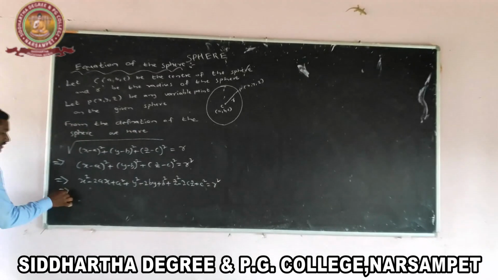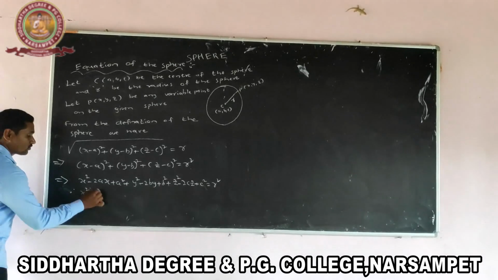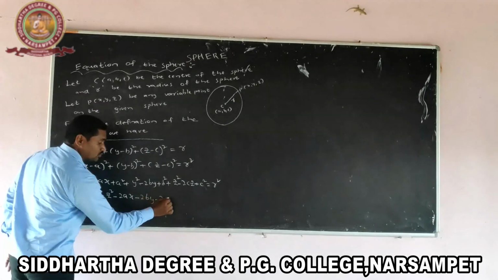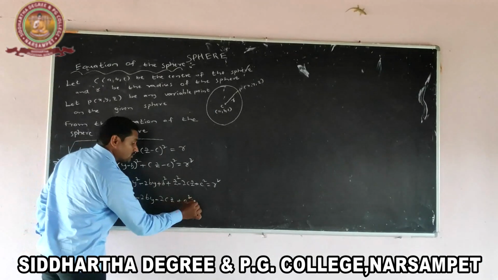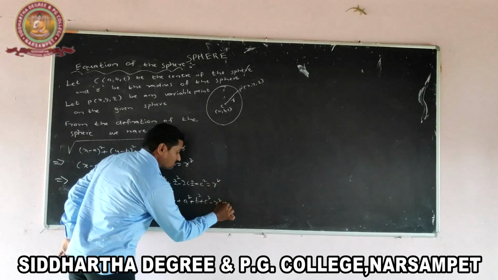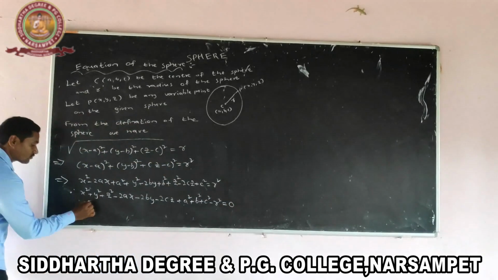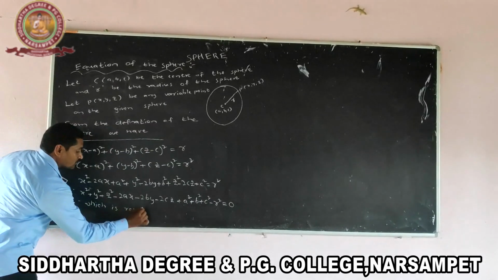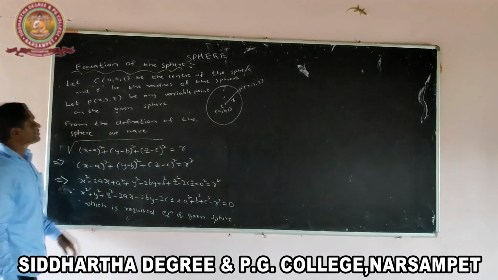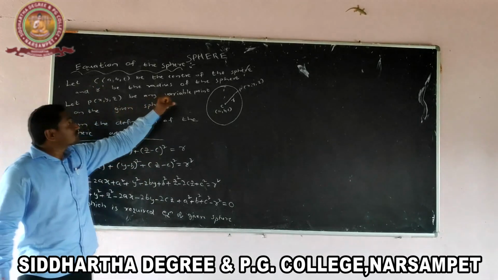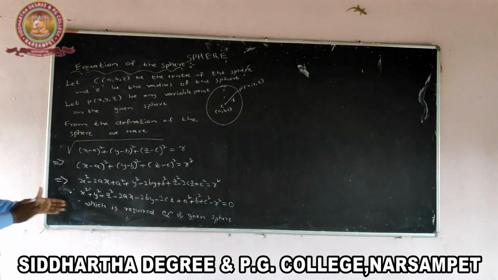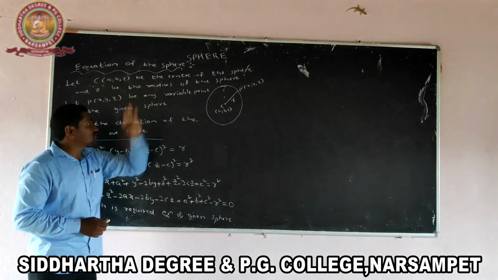Finally, x square plus y square plus z square minus 2ax minus 2by minus 2cz plus a square plus b square plus c square minus r square, taking r square to the LHS, equals zero. This is the required equation of the given sphere whose center is (a, b, c) and radius is r.